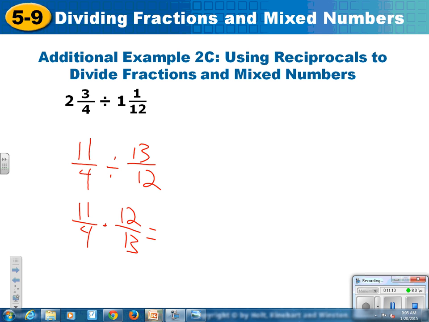Then I do my multiplication. Simplify 4 and 12, or find the greatest common factor. This is going to become a 1. This is going to become a 3. So then I multiply this out. We have 33 over 13. 13 is going to go in there 2 times, 26, with 7 over 13 left. Okay?